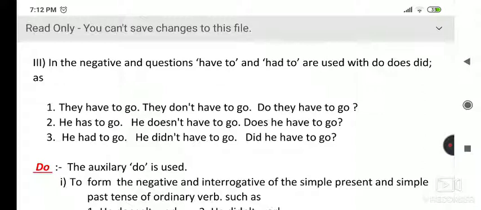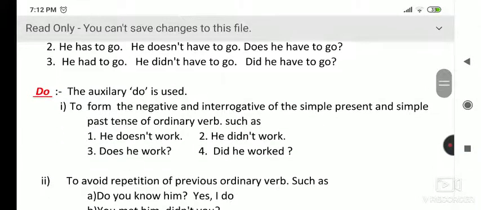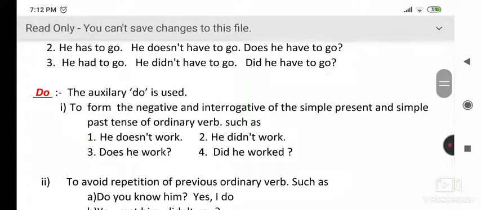Okay, the next verb is do. The auxiliary do is used to form the negative and interrogative of the simple present and simple past tense of the ordinary verb. A negative sentence in the simple present is: he doesn't work.